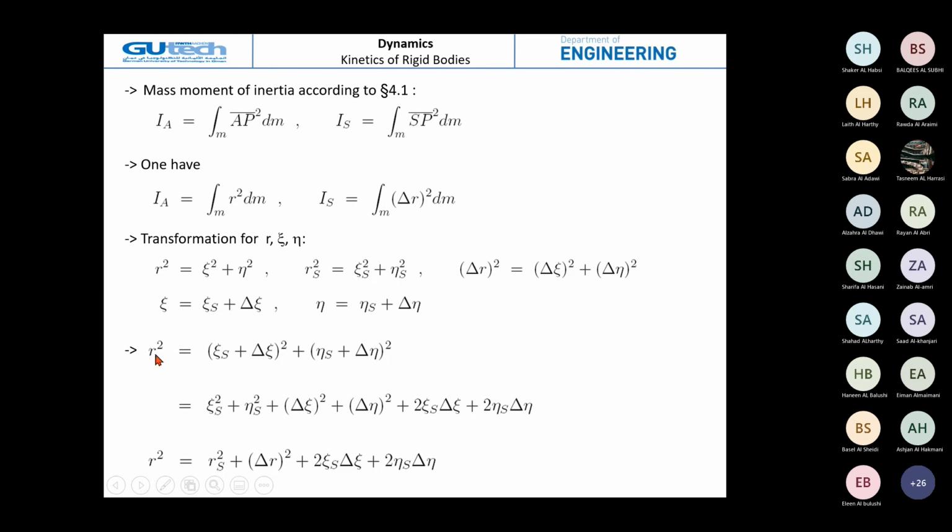Now if we take R squared, we replace Xi by its expression here, and neta by its expression here. Then we develop, and we get the following relation: Rs squared plus delta R squared plus 2 times the product between Xi and neta.